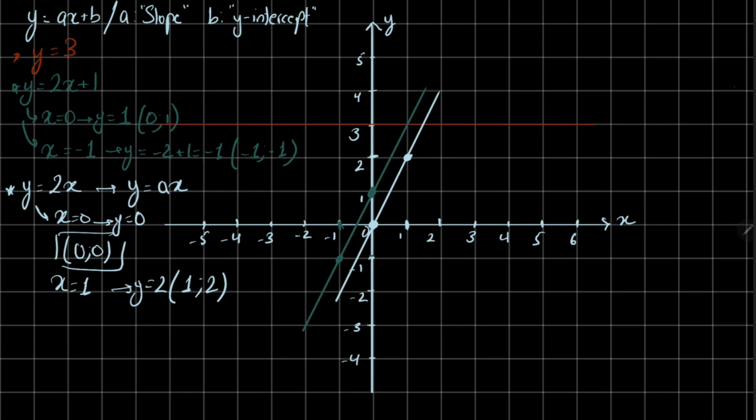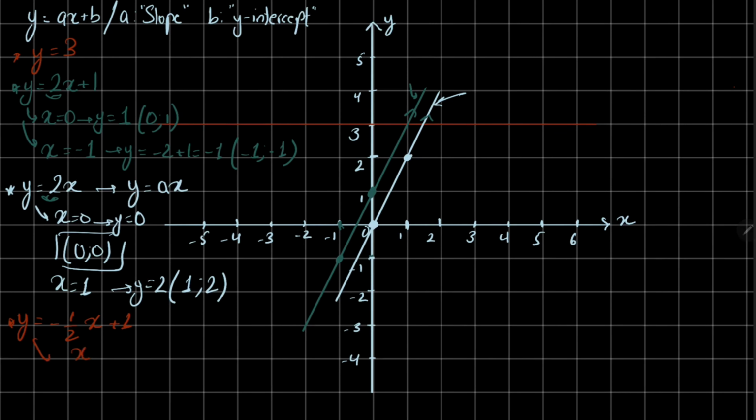We can see that both the white line and the green line are parallel, because as we've said, both have the same slope of 2. Let's now take the function y equals minus half x plus 1. Let's now figure out 2 points on the graph in order to draw it.